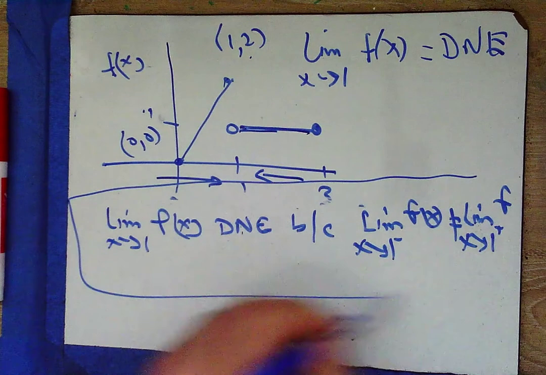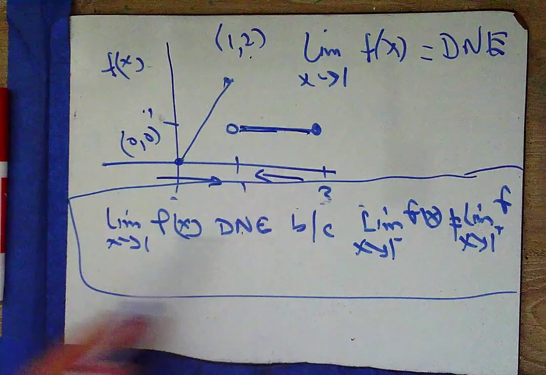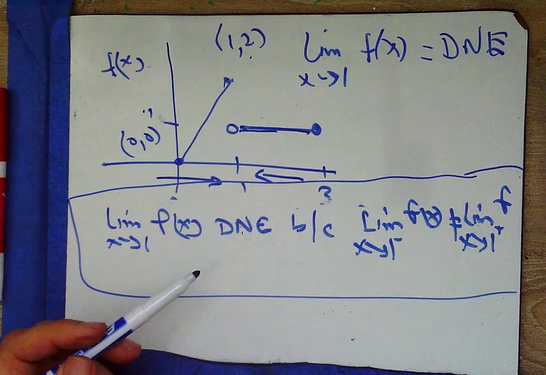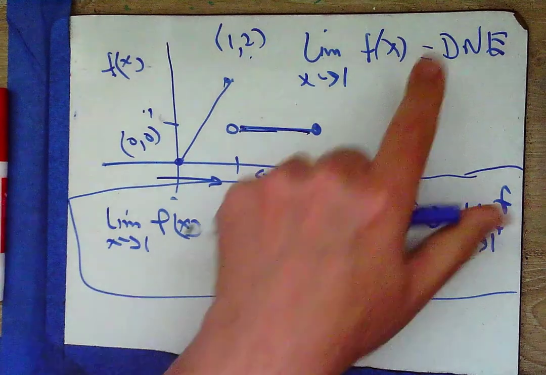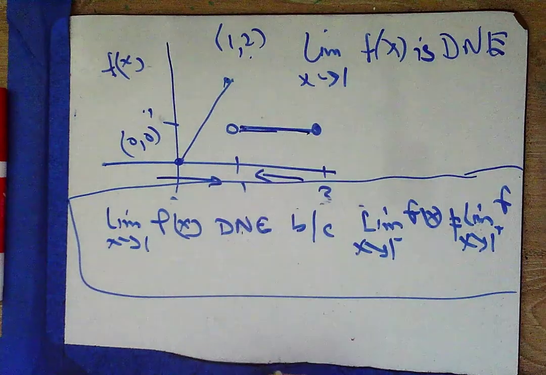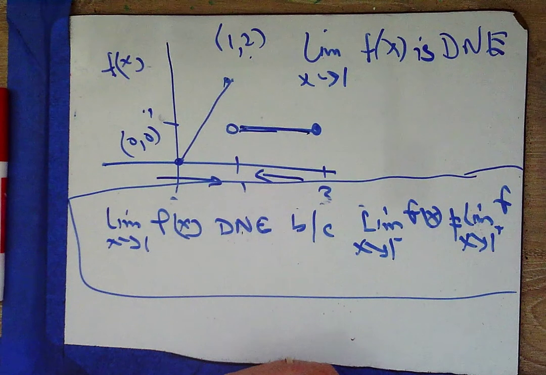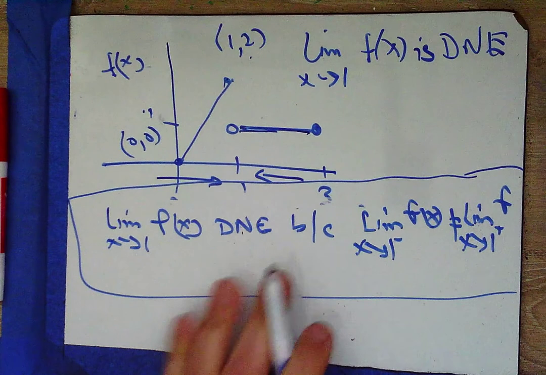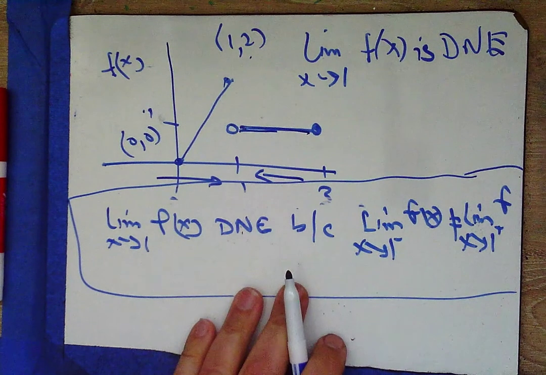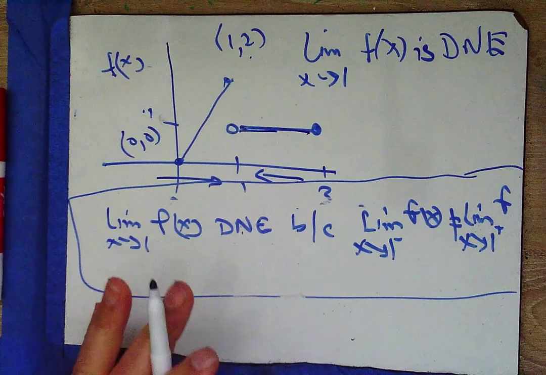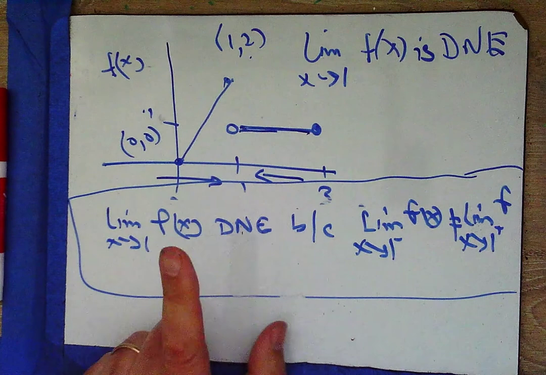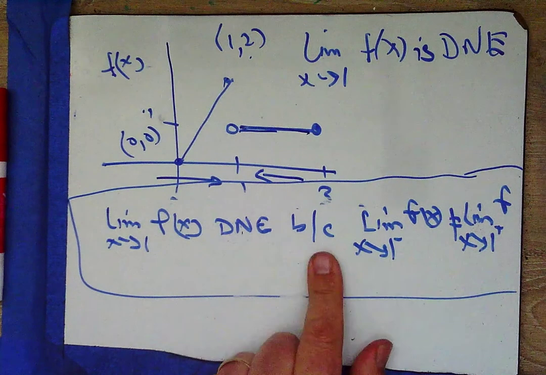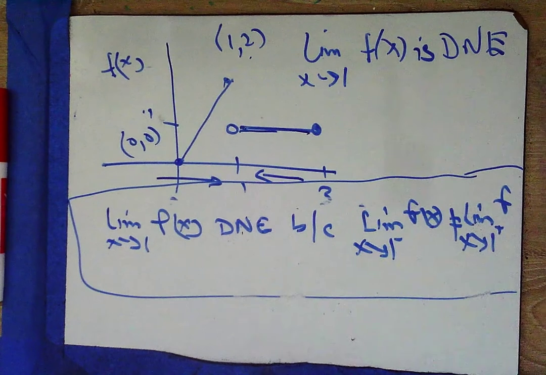Don't just box in "the limit does not exist." Yeah, you could do that, but really, you need to explain why it doesn't exist. It's nice to notice that the limit doesn't exist, but if you're going to make a statement like that, you need to back it up with some evidence.